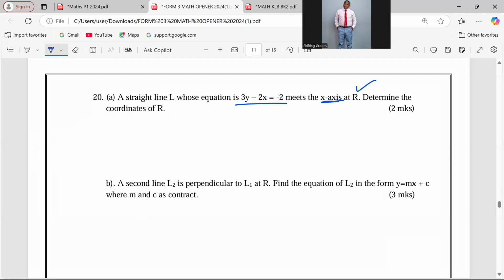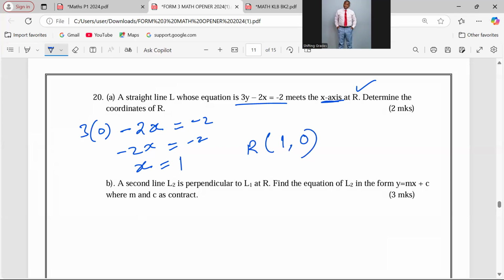Therefore, when y is 0, what are we going to get as x? 3 times 0 minus 2x equals negative 2. So negative 2x equals negative 2, x equals 1. So R will be written as (1, 0), because this is the point where the value of y is equivalent to 0.